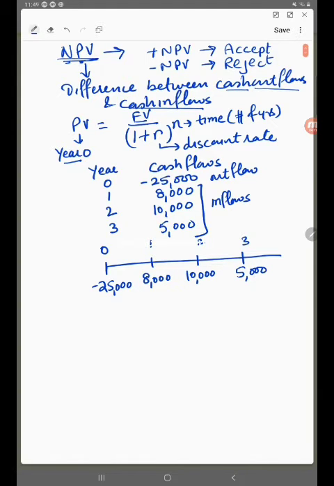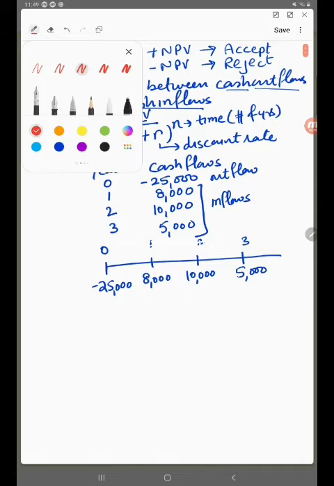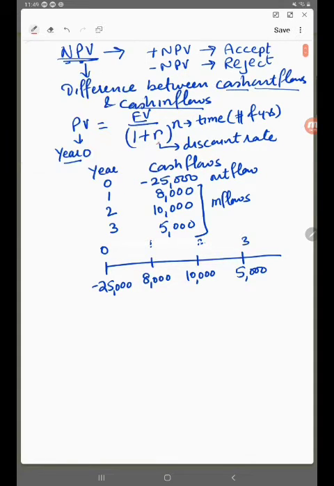If we look at the formula, we need discount rate. Let's say discount rate is 10%. So we need n. Future value, we have this one. These all are future values.